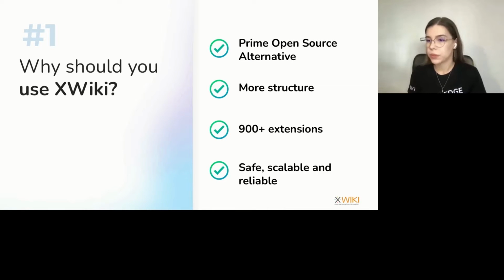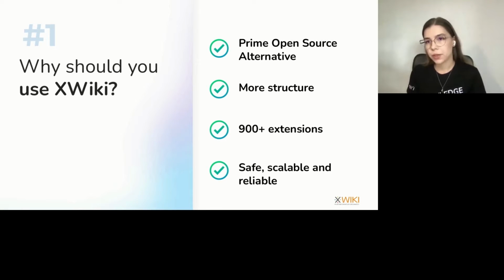Probably most of you know this already, but Confluence is proprietary software, which means that the code is private, and also there are some limitations in regards to hosting, deployment, and of course the licensing of the product. Whereas with an open source product such as XWiki, everything that we produce is public, and more than that, you have much more freedom in regards to where you deploy the software, where you host the data, the configuration that you choose, and so on.